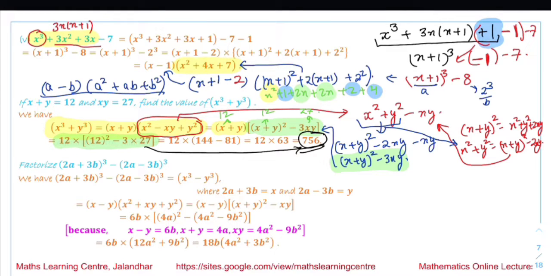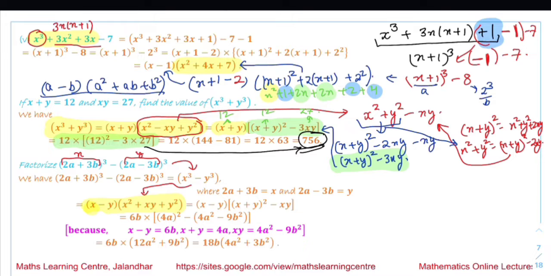The second approach is that we substitute this term as x and this term as y. So our question becomes x cube minus y cube. When you apply the formula for x cube minus y cube, it is (x minus y) into (x square plus xy plus y square).